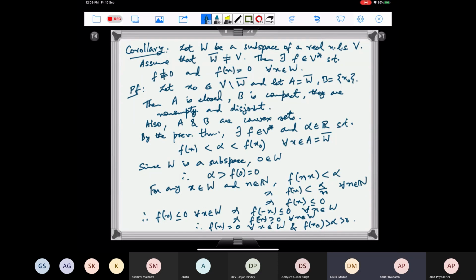Suppose my linear functional on W maps G of E1 to 1, so G of T E1 is equal to T, where T is any scalar. Then the way you were thinking, you will define F such that F of E1 is 1 and F of E1 plus E2 is 0.